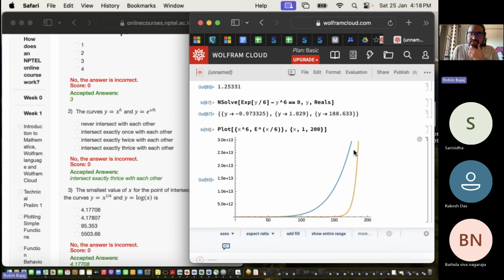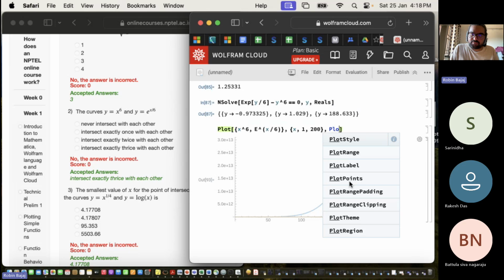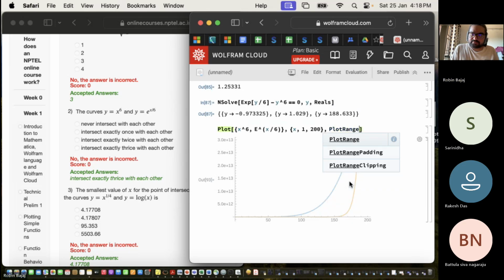Oh yeah, see, it's going over there. So basically now there is a question of the range. I want the plot range to be much larger. Let's say the plot range goes to... it's that big of a number.